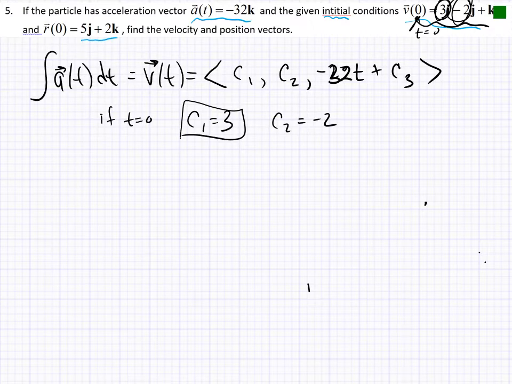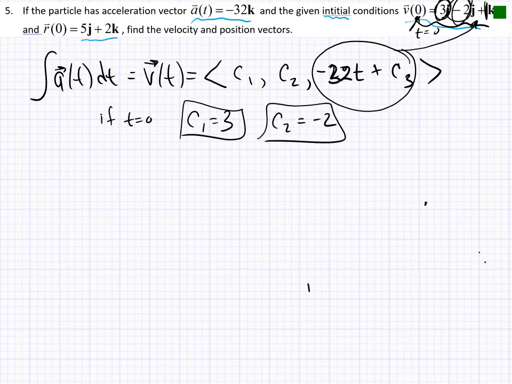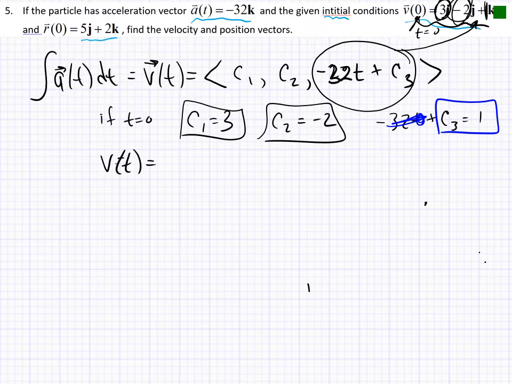Then the last component has to equal 1, so negative 32t plus c3 has to equal 1. But remember, t equals 0, so c3 equals 1. And so our velocity vector, v of t, is 3, negative 2, negative 32t plus 1.